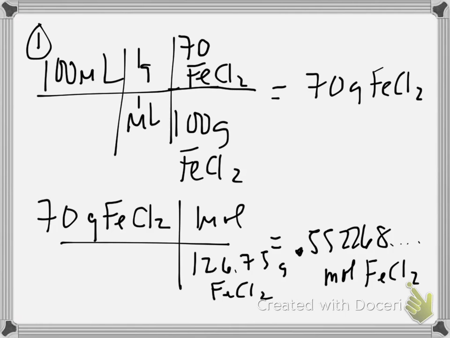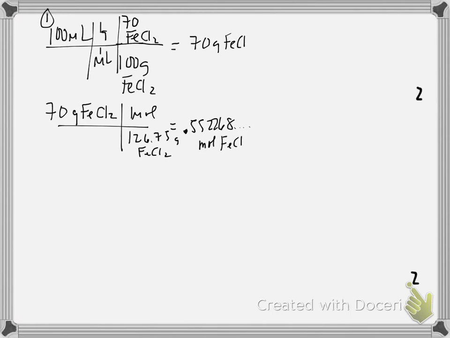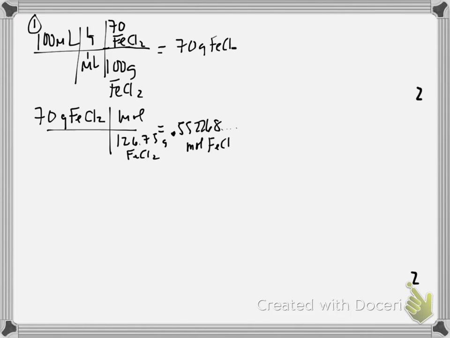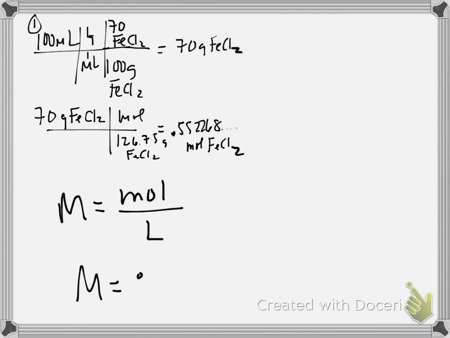And if we made this up as an imaginary 100 milliliter sample, we're saying we've got 100 milliliters of solution. So when we do our molarity equation, molarity is equal to moles over liters, or moles over volume. We have our 0.5522, etc., over 0.1 liters.